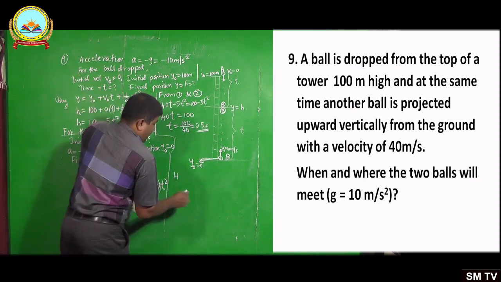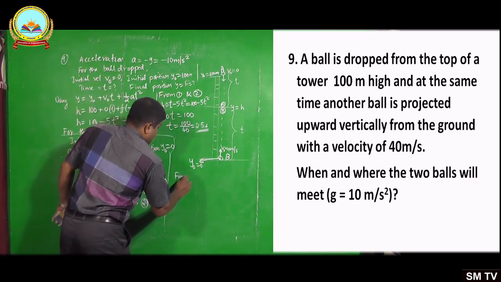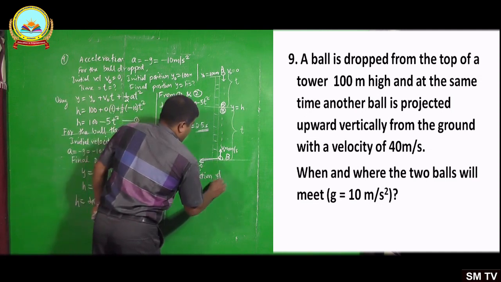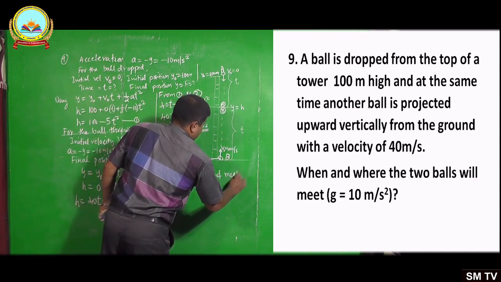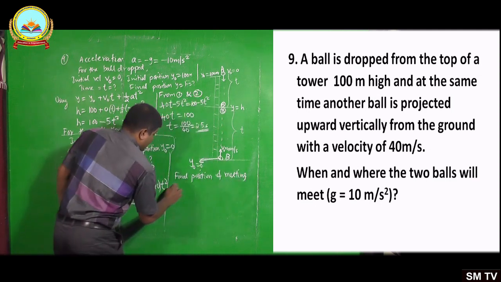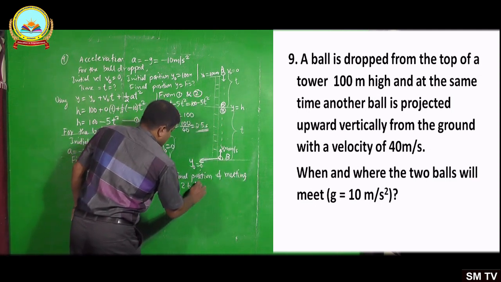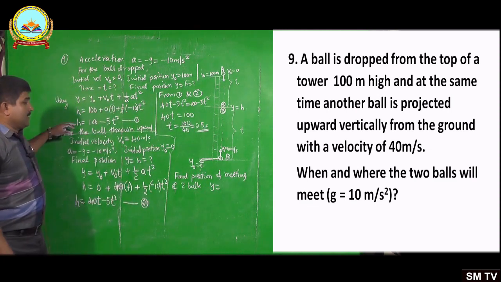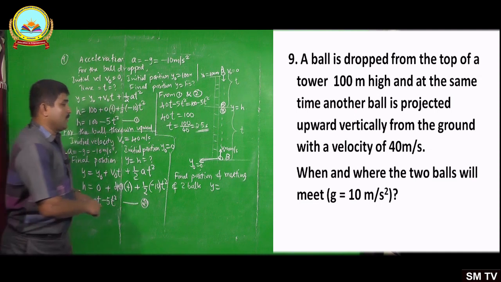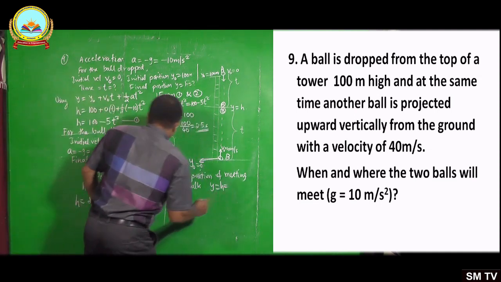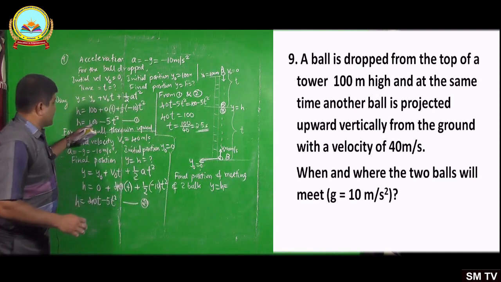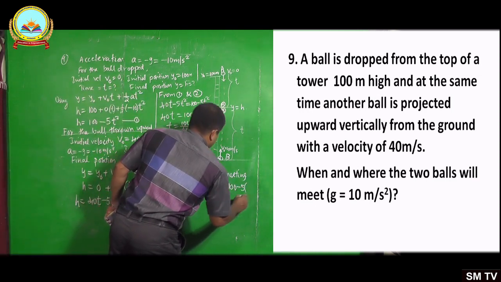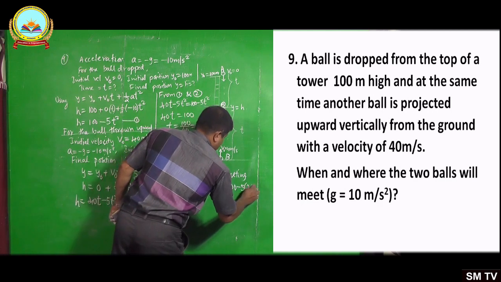2.5 seconds. Our final position, let me find out. Final position of meeting of the two balls. So that is equal to y, either from equation 1 or equation 2 will give you the y value, that is y equal to h. So the first equation I use, 100 minus 5t square, t is 2.5 square.